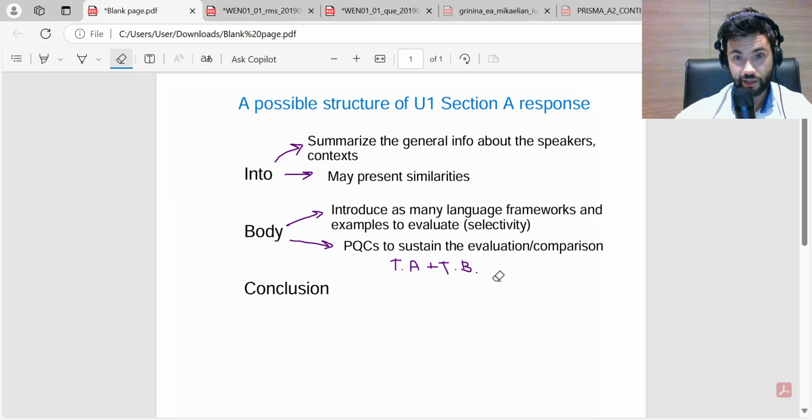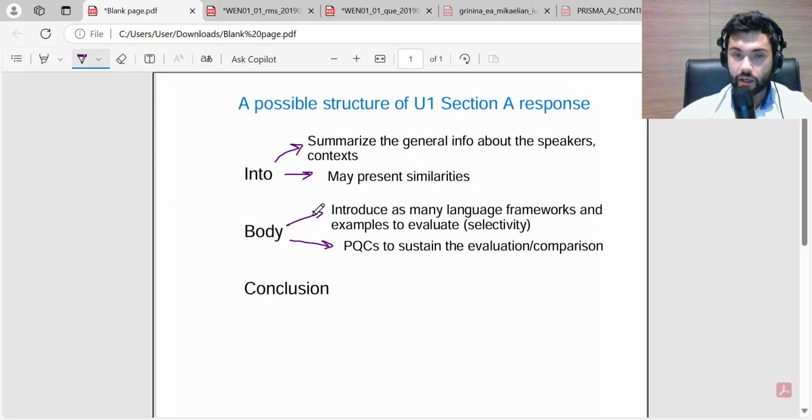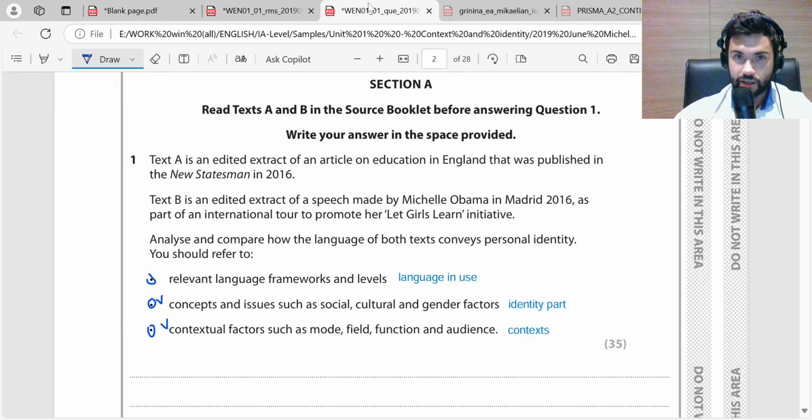So you see the similarity in both texts, and you're thinking about the way to introduce it and then make an effective comparison. So this is at least partially to cover language frameworks and levels.